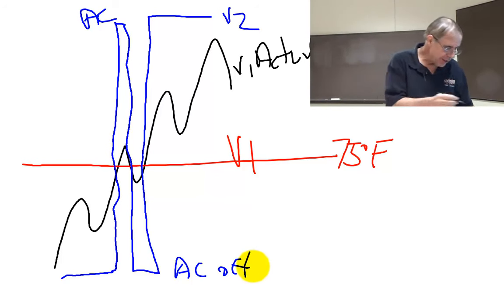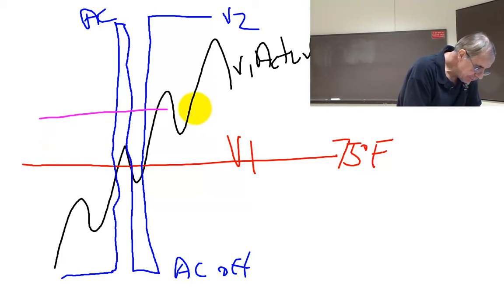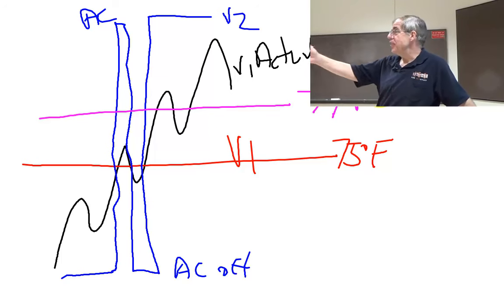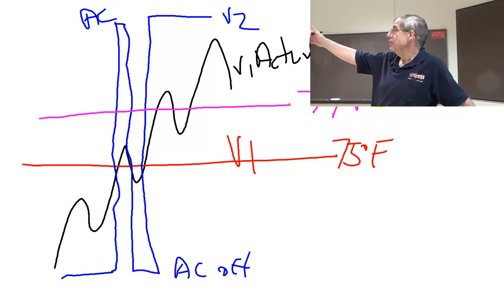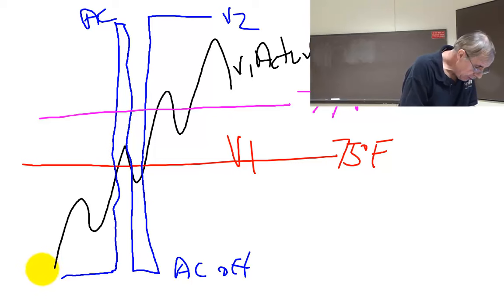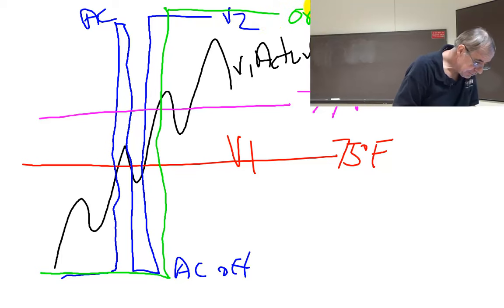Okay, we are going to create a second threshold. Okay, and the rule will be, okay, turn on if it goes above 77. Okay, that's going to be the rule. So, green. Okay, we are going to turn on if it goes above 77. Okay?